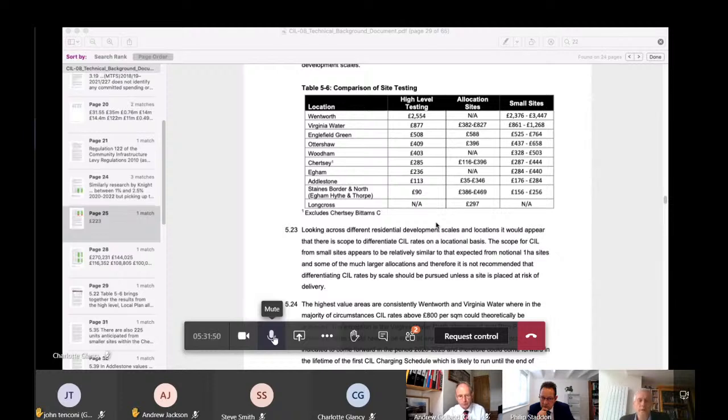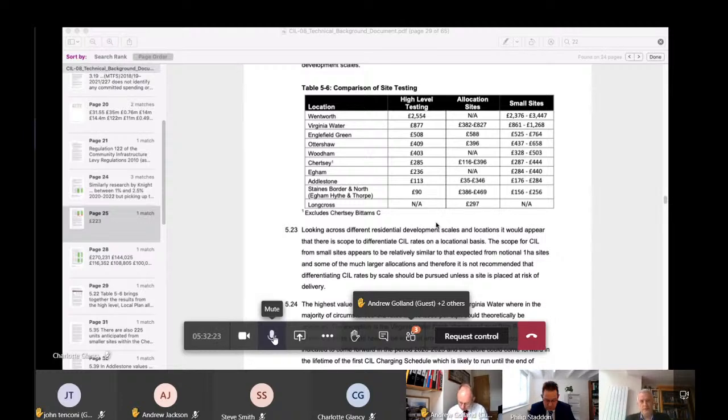Yeah, the sub-market areas that are shown in the map in Andrew's viability work in CIL 10 are the starting point in terms of how we look at the locations of development. Then, looking across those sub-markets, we have the figures that are generated and fit into table 5.6, where we're looking at all of those sub-market areas, but also across the different types of development that might come forward.